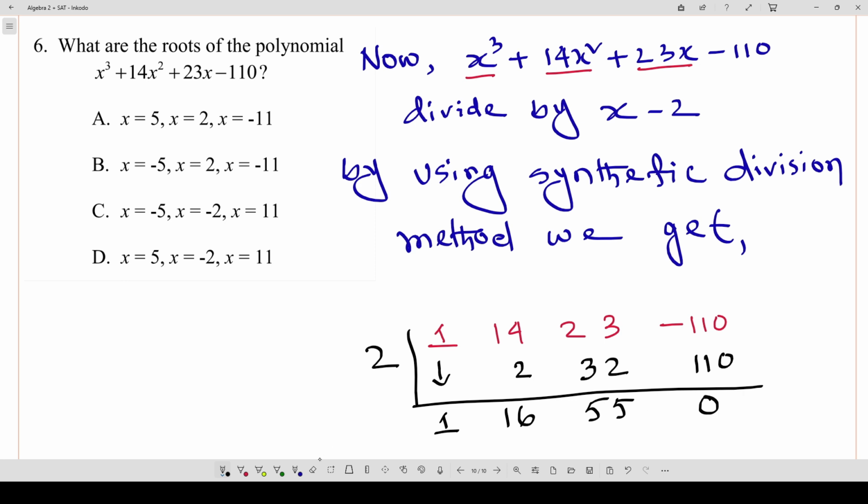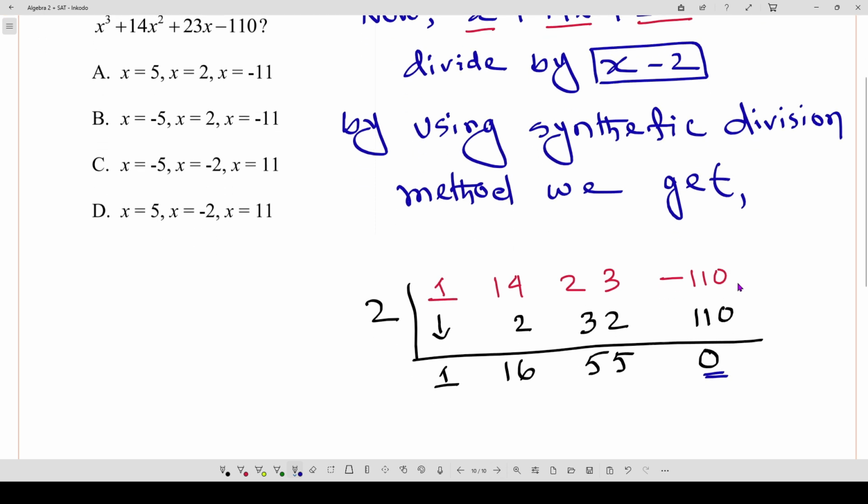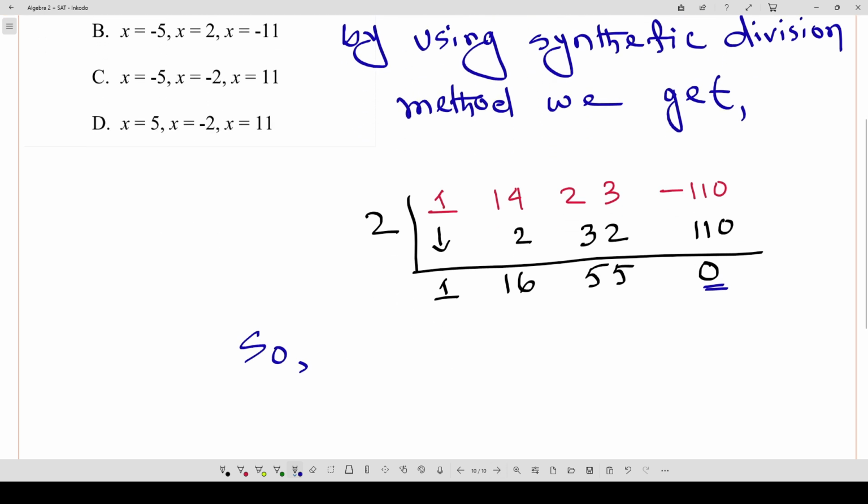Once we get 0 here, that means this is perfect. Okay, right? So the result will be, now here 1 means x squared. Why? Because x cubed, once we divide by x, we get x squared, right? Then 16 means 16x. And finally 55 is the constant.